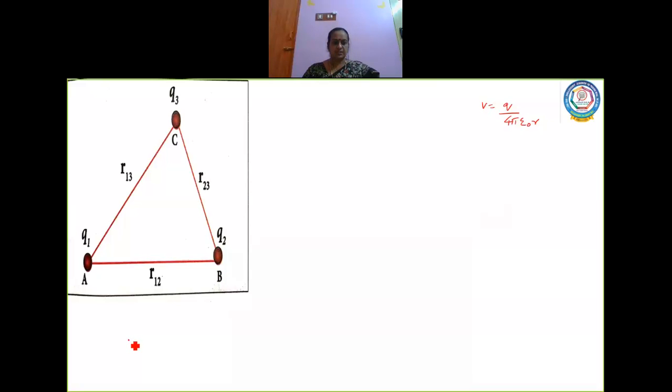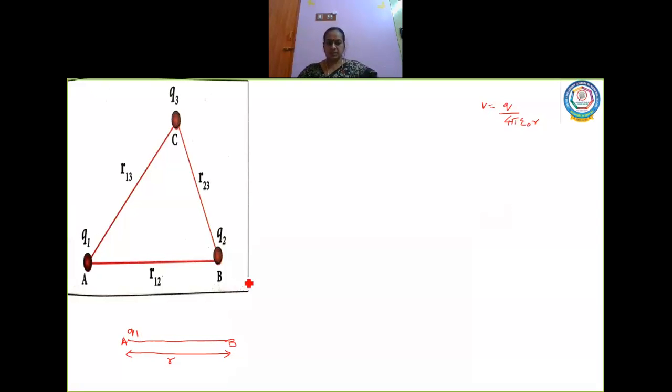Let me consider 2 points, point A and point B, and the distance of separation between these 2 points is R. Now I'm going to bring a charge Q1 to point A. I have placed a charge Q1 at A.